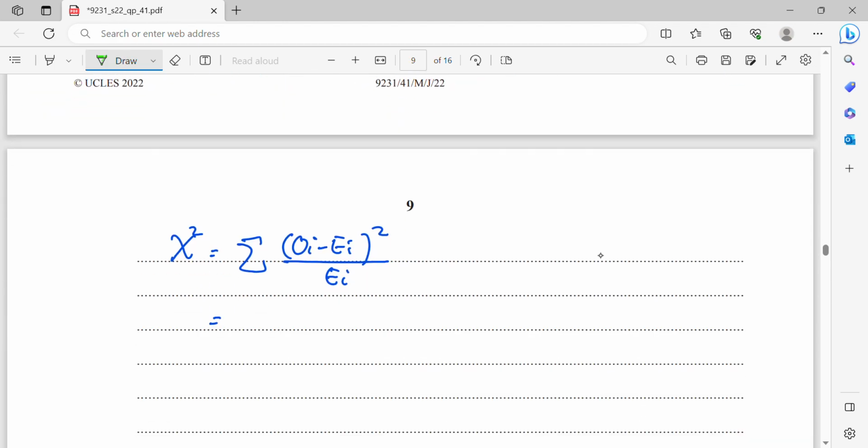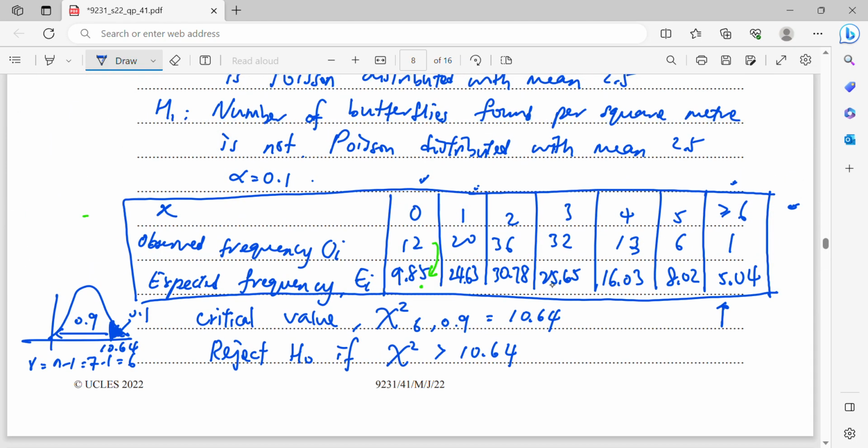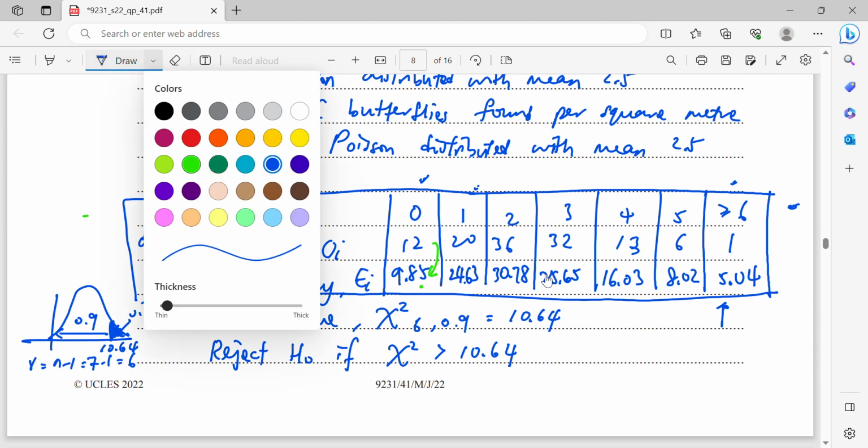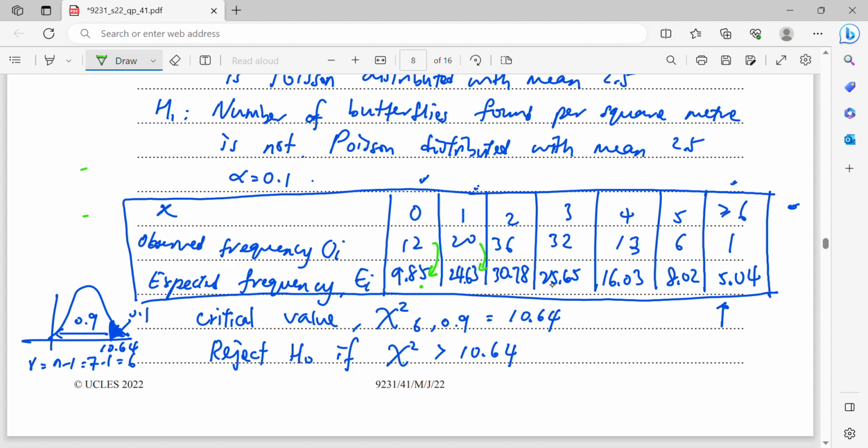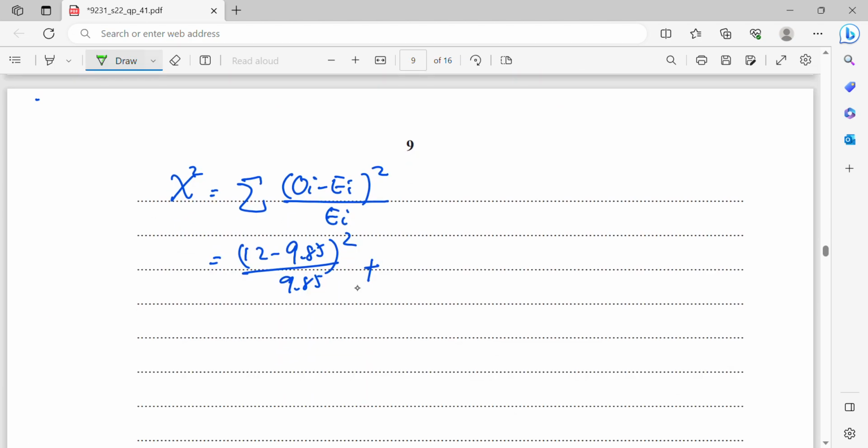So I will write (12 minus 9.85) squared over 9.85. This is from the first cell. The second cell, still the same: (20 minus 24.63) squared over 24.63, right, until the end. Okay, so I will just write down the calculations here.